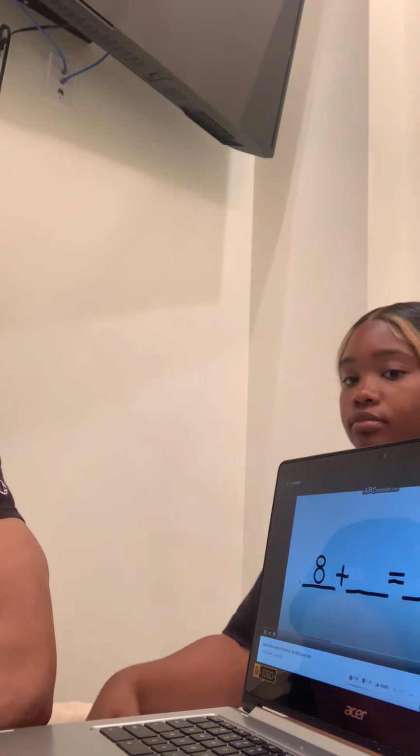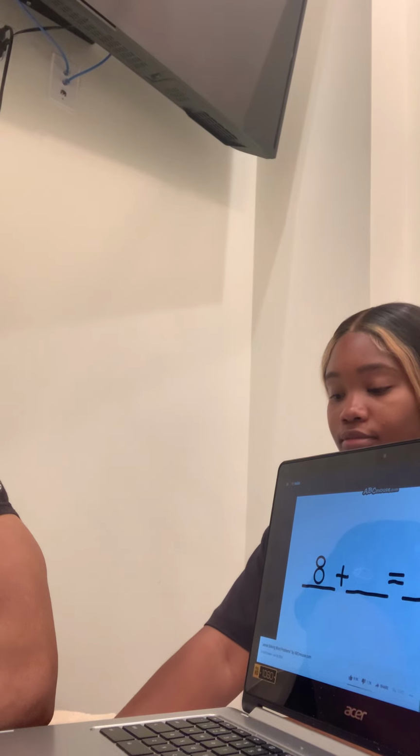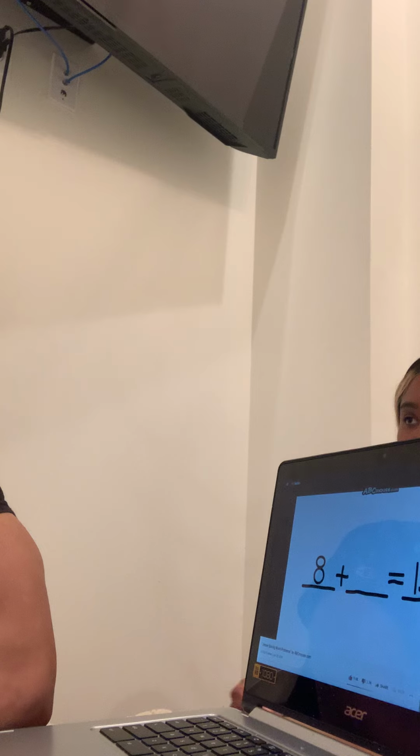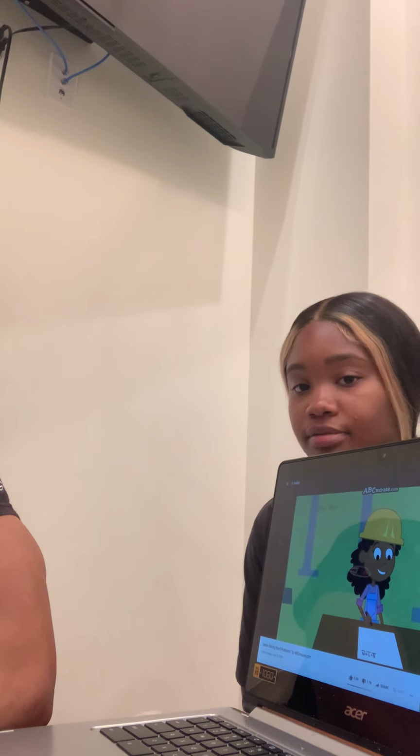Well, we also know there's a total of 19 beams in the bin. Since it's the total, that number goes after the equal sign. Because we don't know how many the crane added, we'll put a question mark there. That stands for the missing number. See, we've changed our word problem to a number sentence.